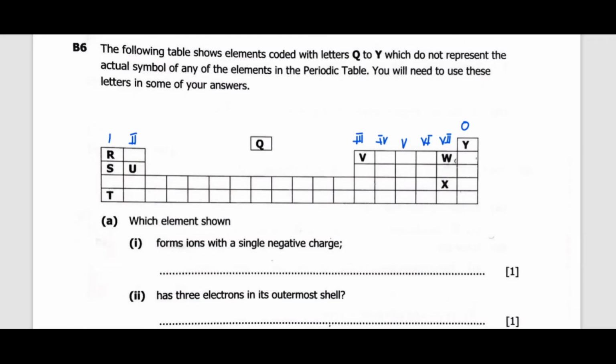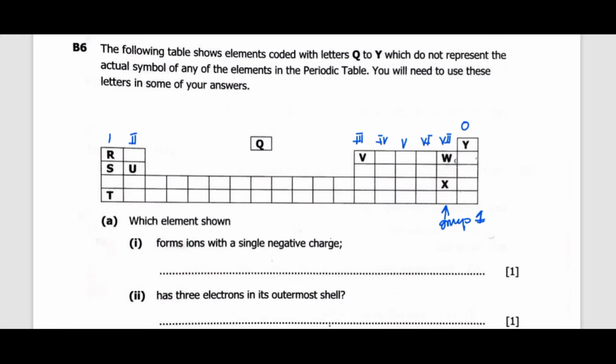Then question A, which element shown, the first one, Roman number 1, forms ions with a single negative charge? The elements that form a single negative charge are those from group 7, because group 7 attains stability by gaining 1 electron.